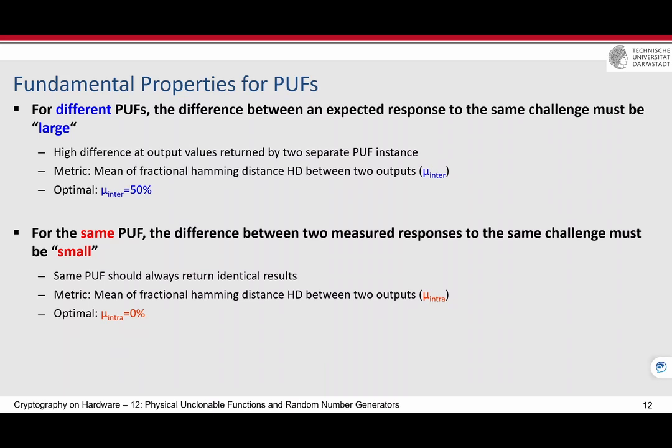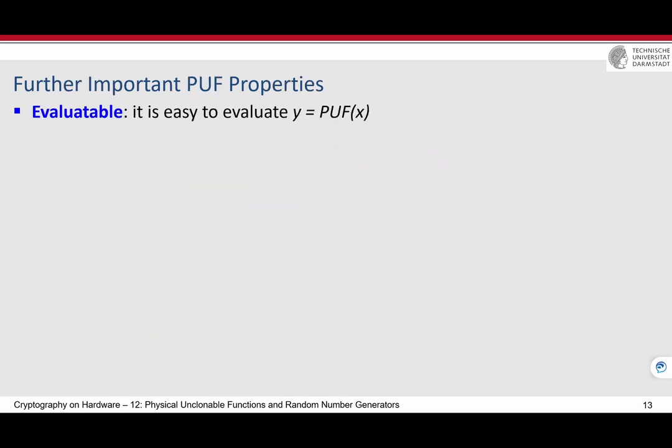But of course, in reality, for some challenges this is not 0 at all. Some challenges, the output is not reliable. The idea is to have a large number of challenges which have the optimal intra-distance, meaning the distance between them is very low. That means that there are very few errors and the device is very reliable.